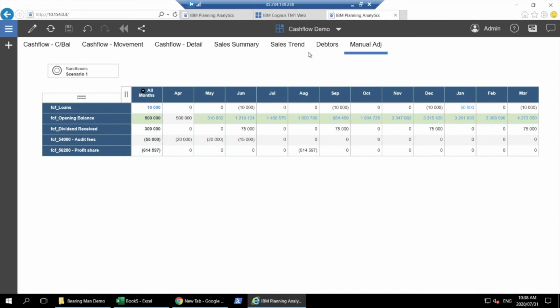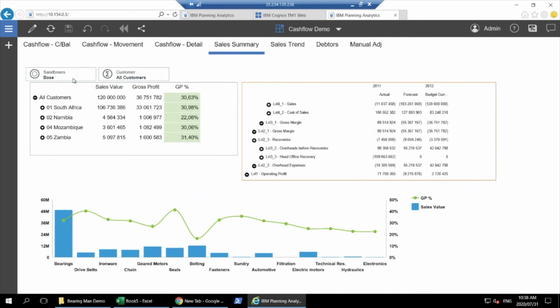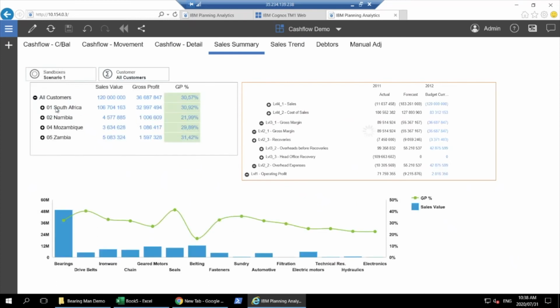So let's play with a few numbers. For the sales summary, for example, I'm going to make sure that I'm set over here. We've got scenario 1 that we are looking at, and I can change my scenario.